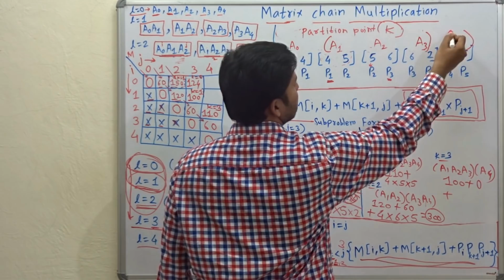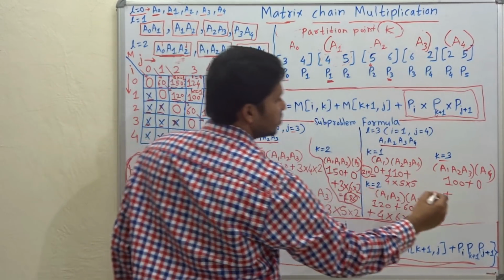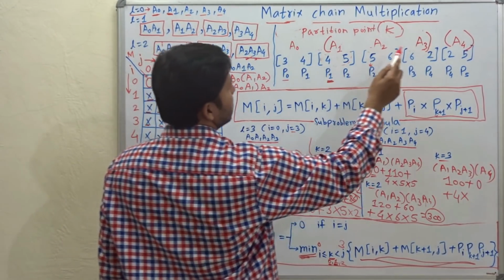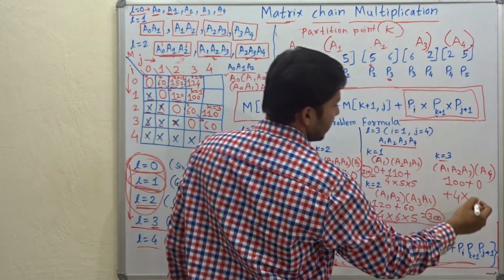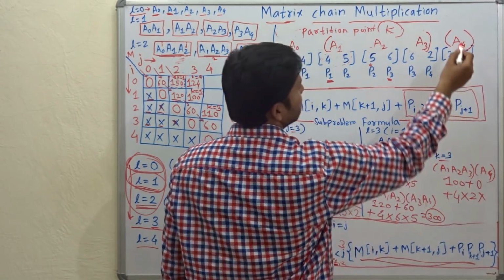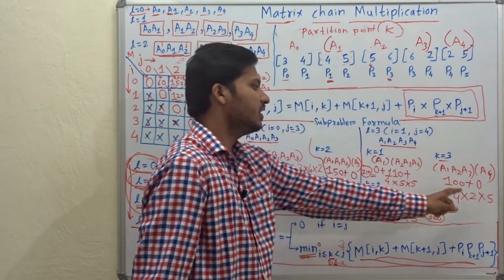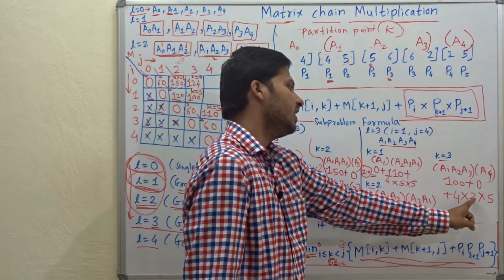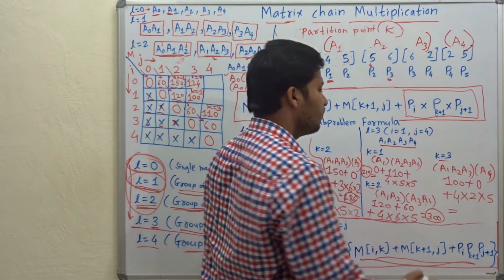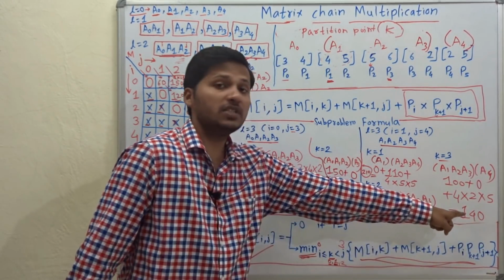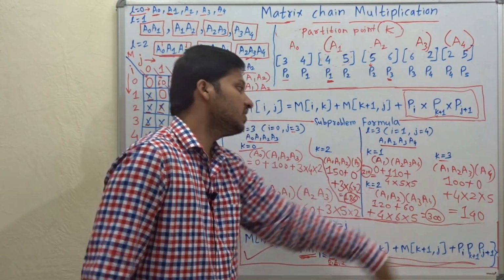A1 to A3 and A4. First dimension of the first partition, that is 4. Then first dimension of second partition, that is 2. And last dimension of second partition, that is 5. So 100 plus 4 into 2 is 8, 8 into 5 is 40. So 140. 140 is the total cost for k equal to 3.